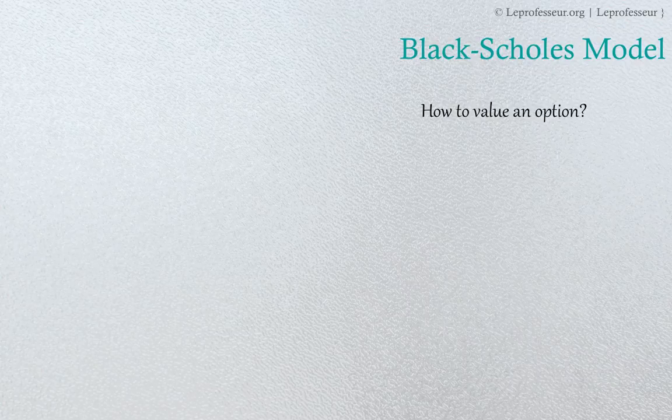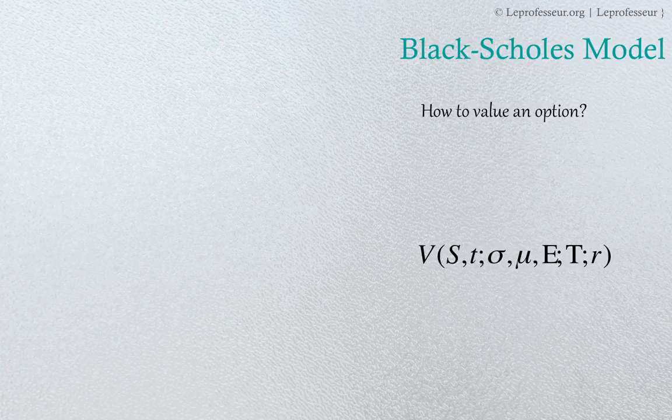Before saying that, let's talk about our function, which will give us the value of an option, and what would be its form. In a simplistic way, let's say our value of an option is V. It takes different arguments. Out of those, S and t are variables.